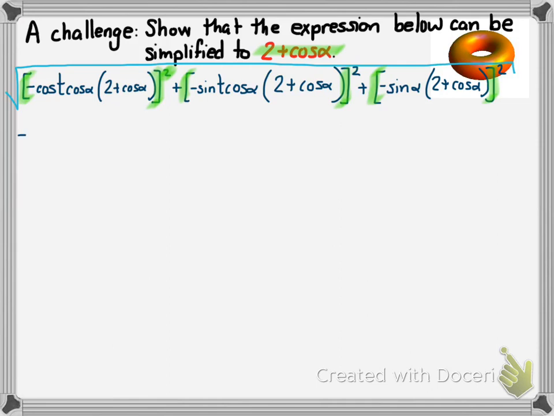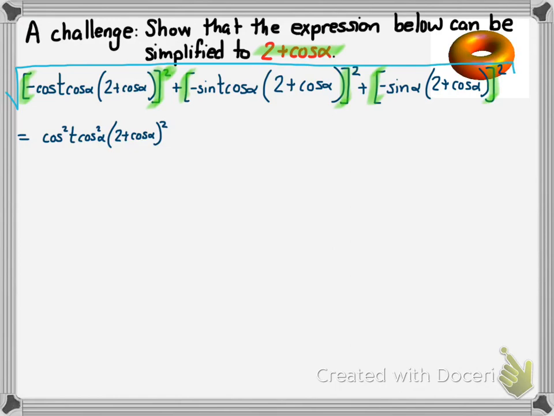So first I have negative cosine of t squared. When I square the negative, it cancels, so I have cosine squared of t. I then have cosine squared alpha, and this entire expression, 2 plus cosine of alpha, is also squared.